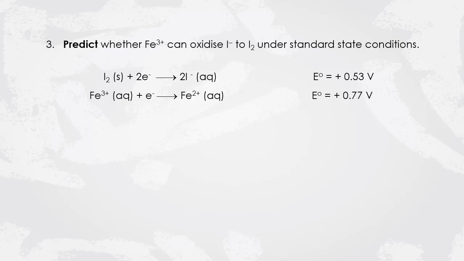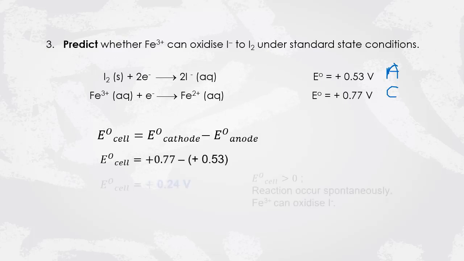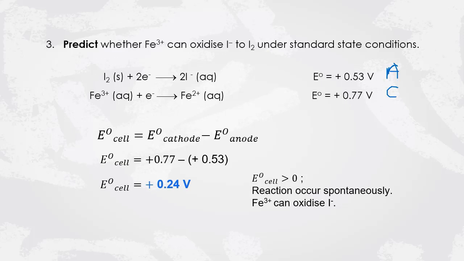So between these two, the 0.53 will become the anode, while the 0.77 will become the cathode. You substitute these values into E° cell equals E° cathode minus E° anode, and you will get an E° cell of positive 0.24 volts. This positive value indicates that Fe3+ can oxidize I- to I2.